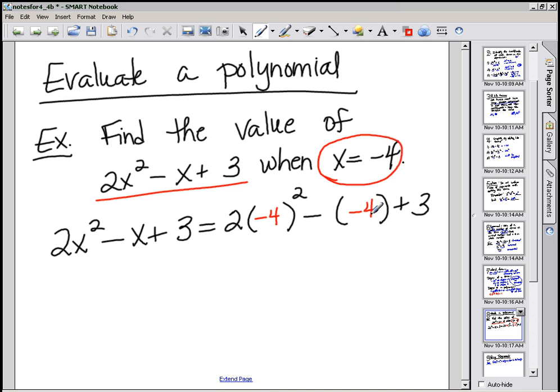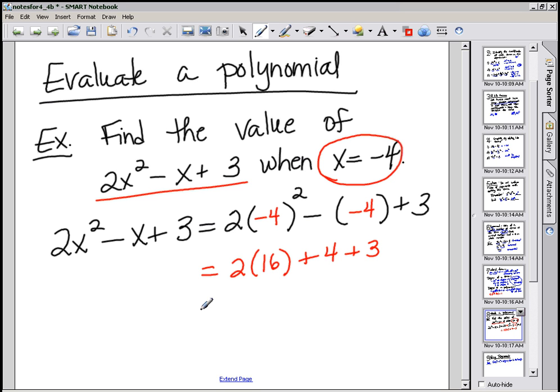And now we can use the order of operations to simplify. Remember that I have to do exponents first. So negative 4 squared is going to be a positive 16. A minus negative 4, we go ahead and make that a plus 4, plus 3. Then we multiply.